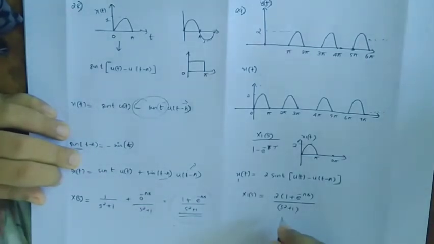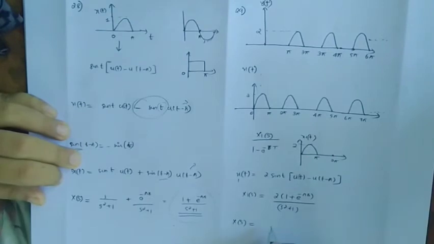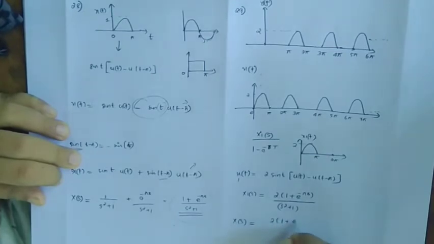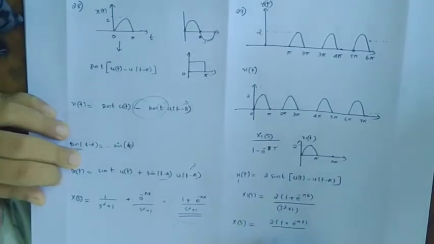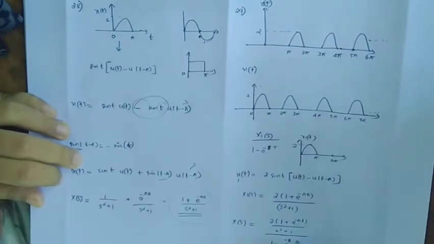So that is it, and x of s, that is the Laplace transform overall, is x1 of s divided by 1 minus e raised to minus s T. That is 2 into 1 plus e raised to minus pi s divided by s square plus 1, whole divided by 1 minus e raised to minus s into T. What is T? 2 pi, right?